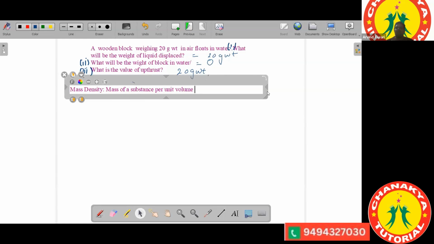Now here what we are going to understand about mass and density. See, there is a very confusing question that many people might have asked you, and maybe sometimes you also have got confused regarding that.